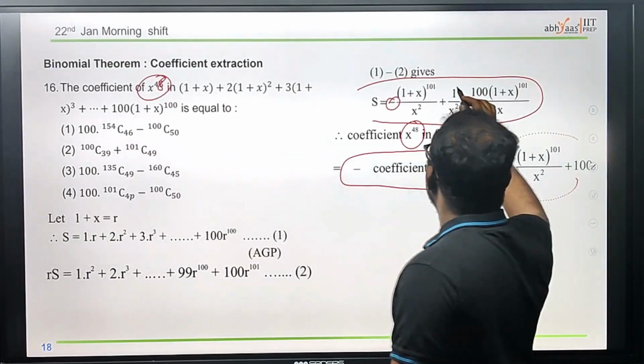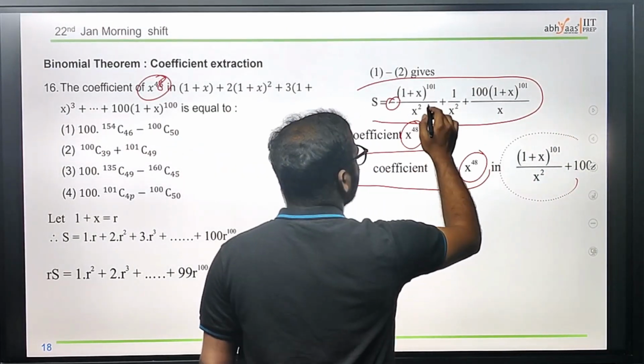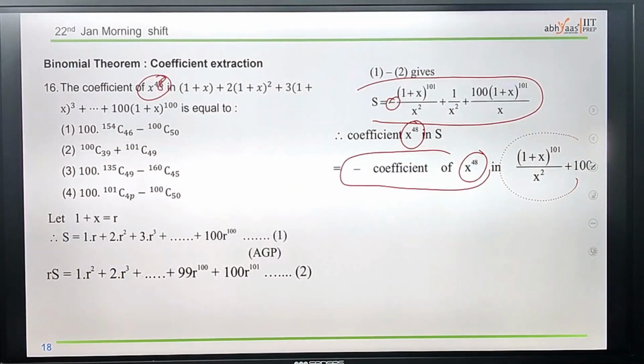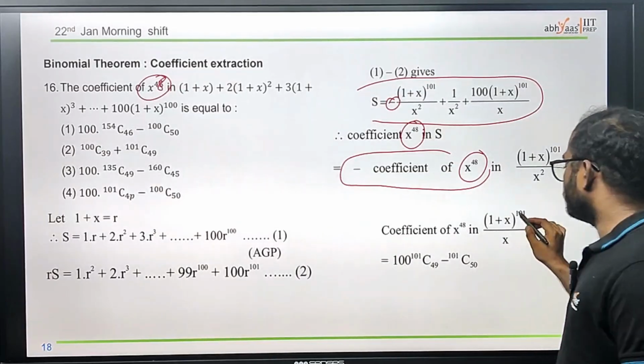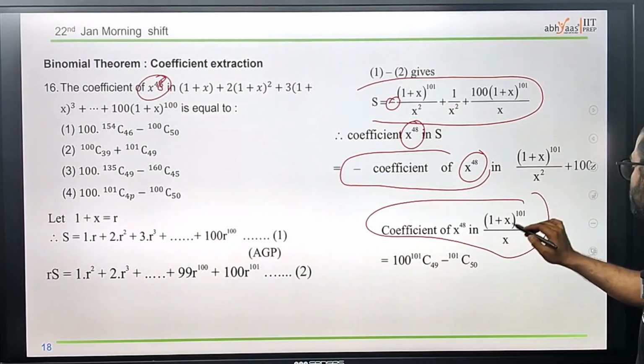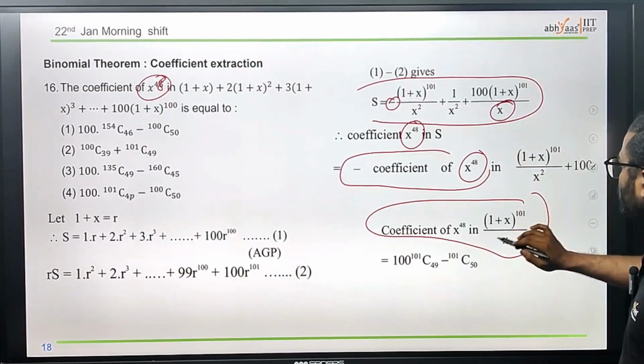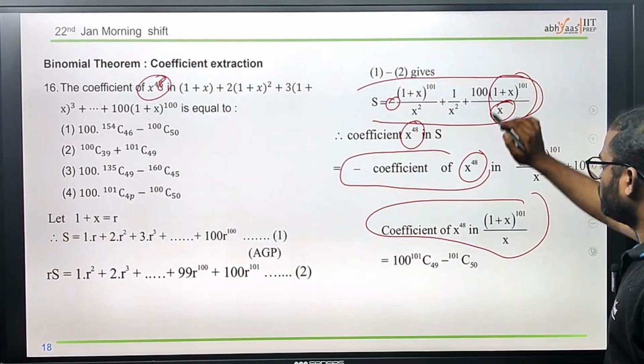See here, 1 plus x power 101 divided by x square. We can convert that into the combinations in order to find the coefficient of x power 48. And also we have another one, which is 1 plus x power 101 by x. This is the one we just saw here.